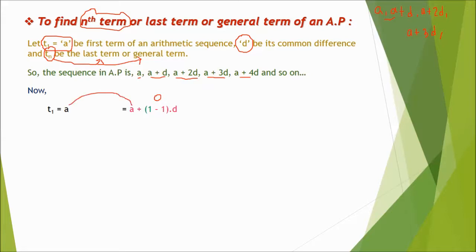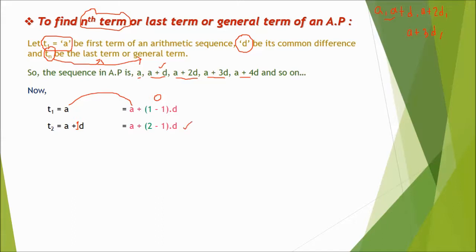Now the second term, t2, is equal to a plus d. That can be written as a plus 2 minus 1 times d, because 2 minus 1 is also 1, the coefficient of d.